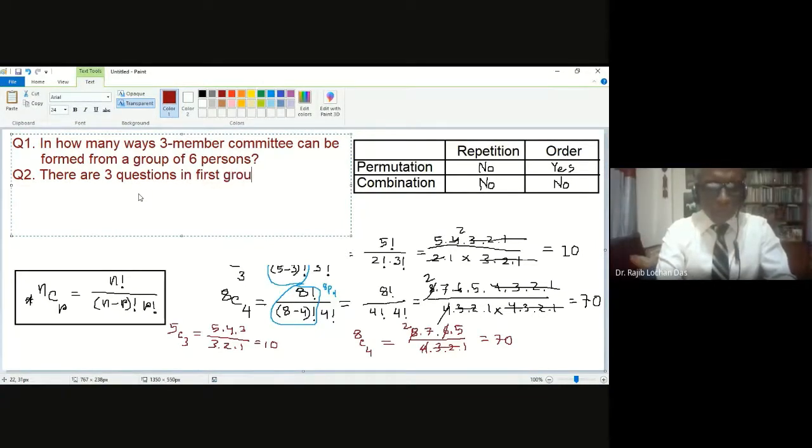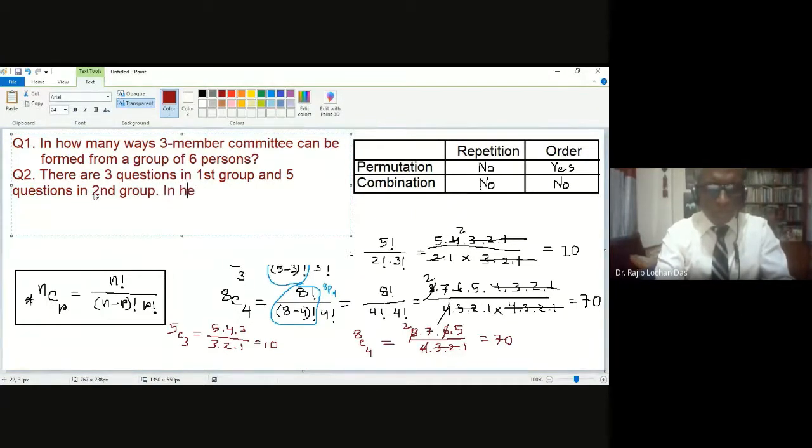So I am writing another question. In the first group, let me write it like this, and it is the second group. Okay?